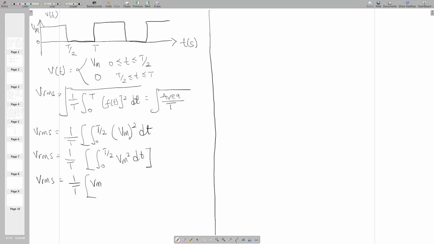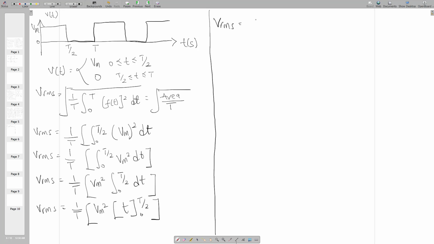So we can bring it out over here and integrate from 0 to T on 2 to be left with just dt over here. So we can say that V_RMS will be equal to 1 on T Vm squared. So integrating the dt, we will have t, and the limit is from 0 to T on 2 over here, like that.